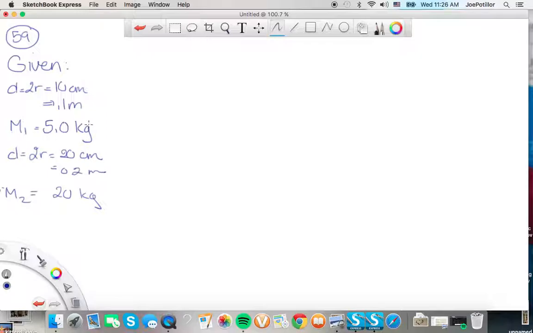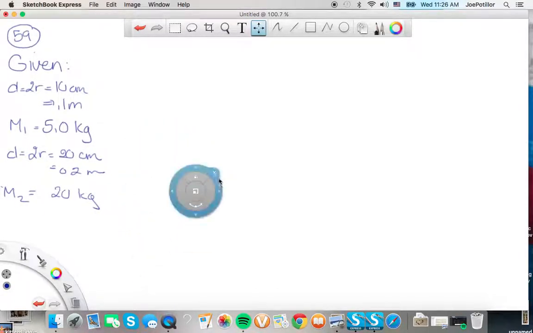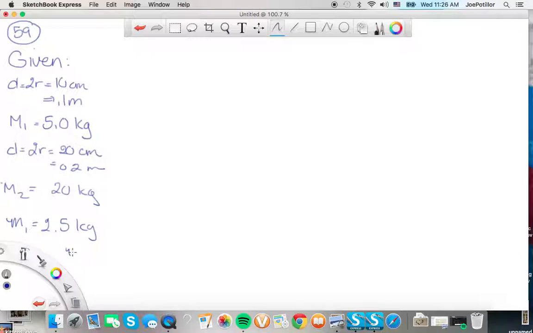We're also told the little mass of the first one is equal to 2.5 kilograms, and the other is 4.0 kilograms, and we want to find alpha, the angular acceleration.